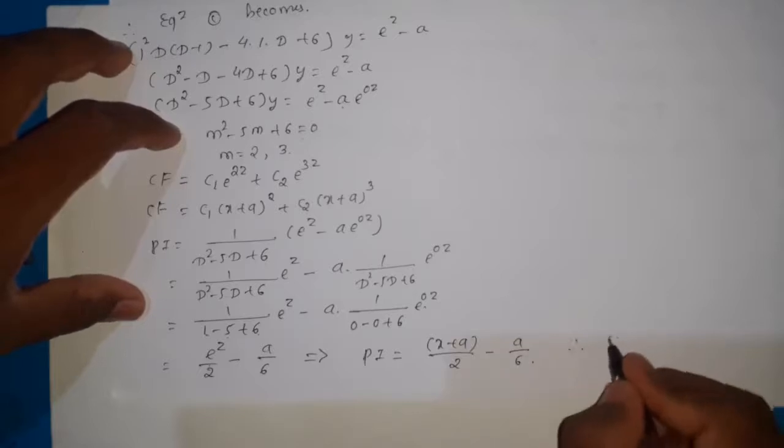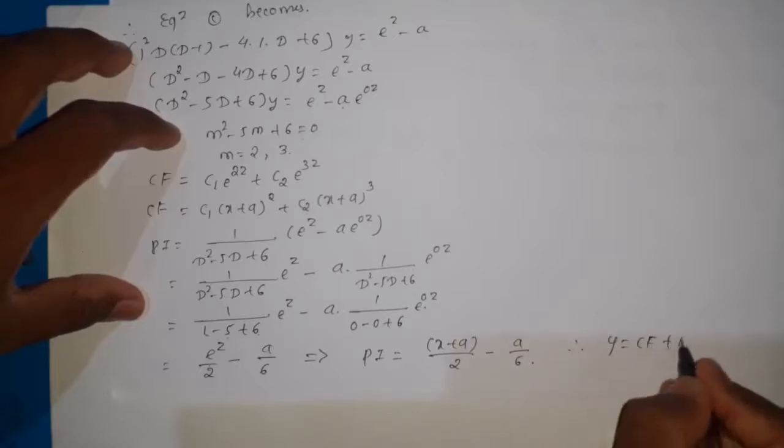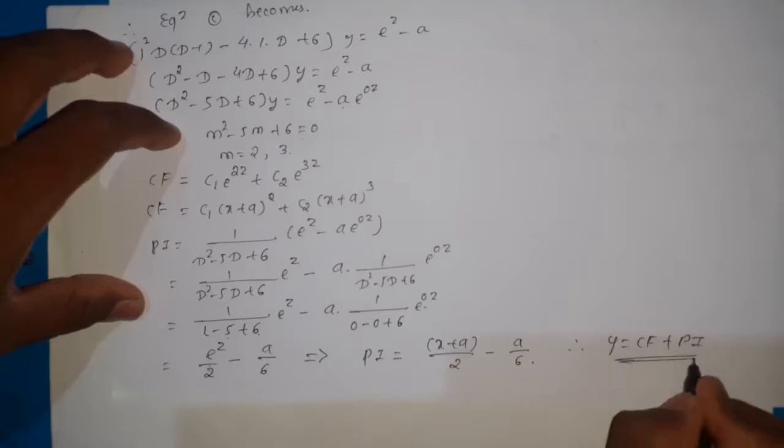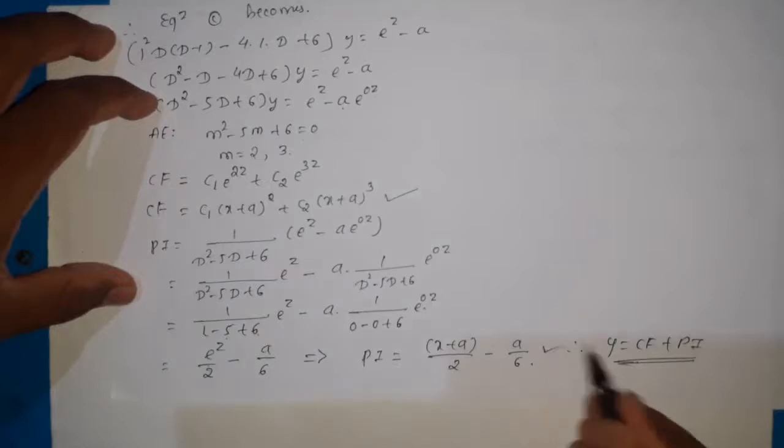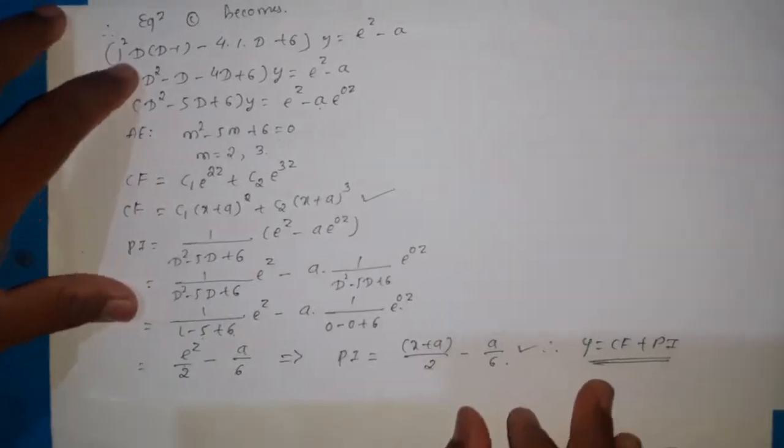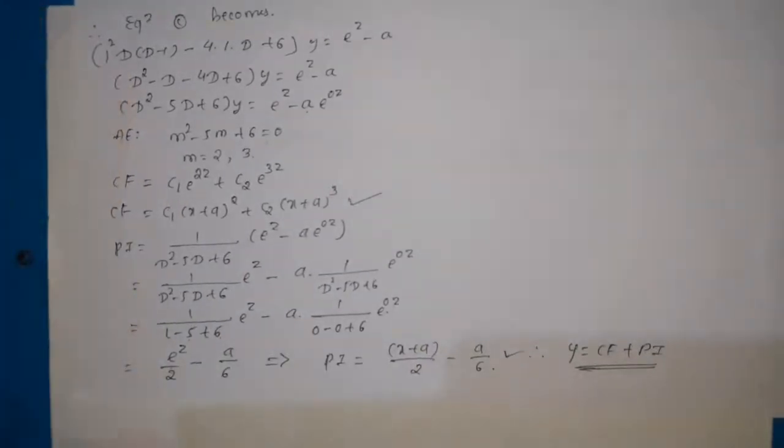So therefore y is equal to CF plus PI, because here we got the complementary function, this one, and this is the particular integral. Then y equal to complementary function plus particular integral.